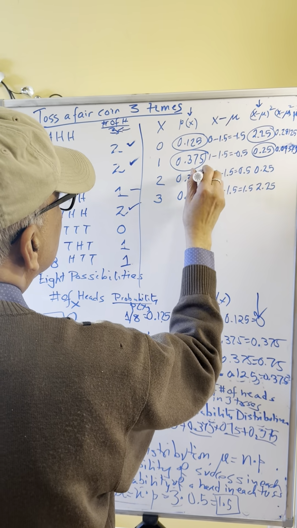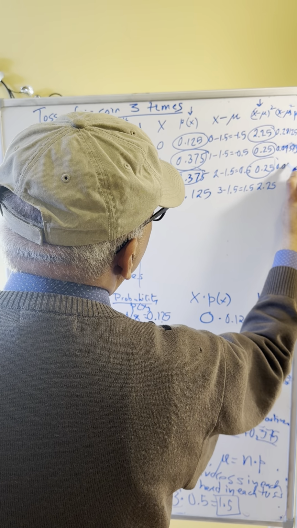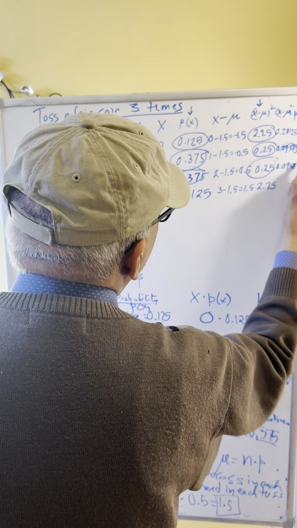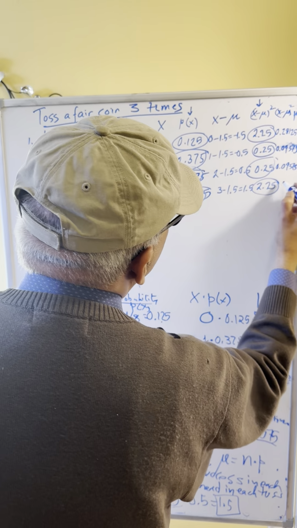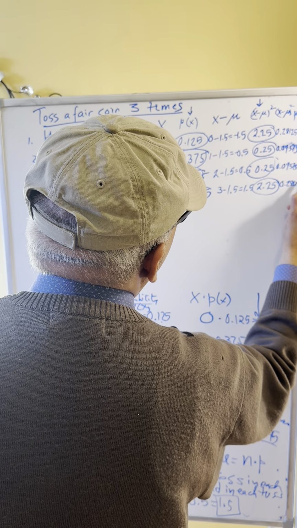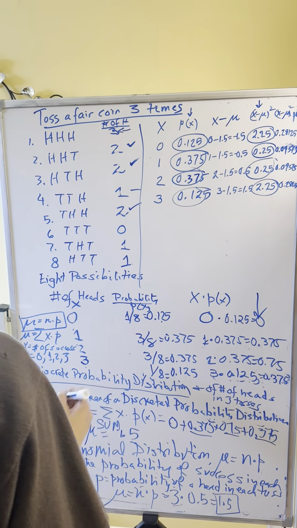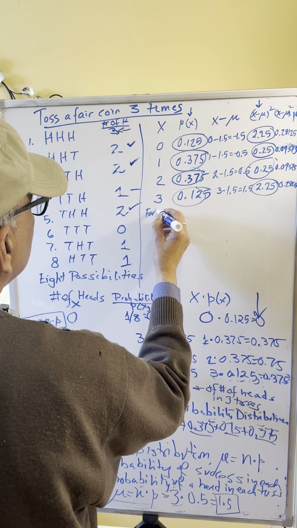Next one, this one multiplied by this, same, 0.09375. And next one multiplied by this, same as the first one, 0.28125.